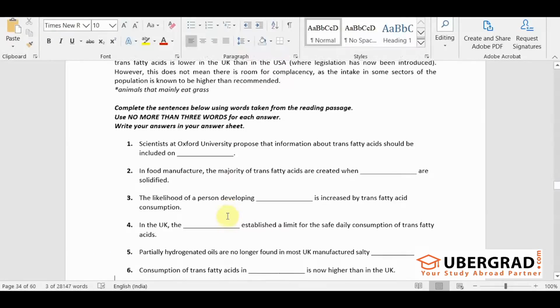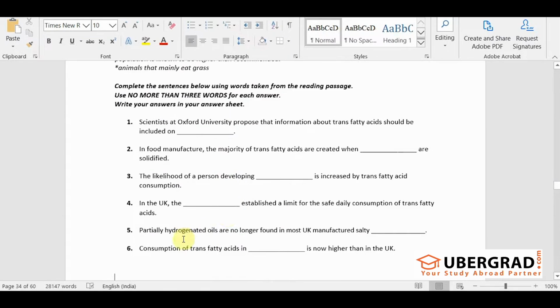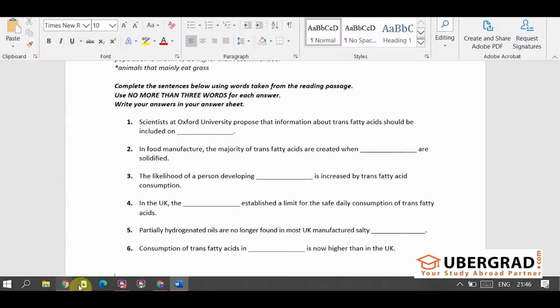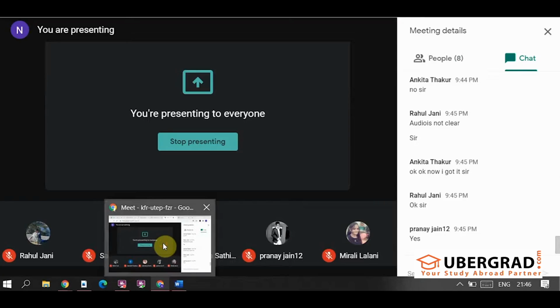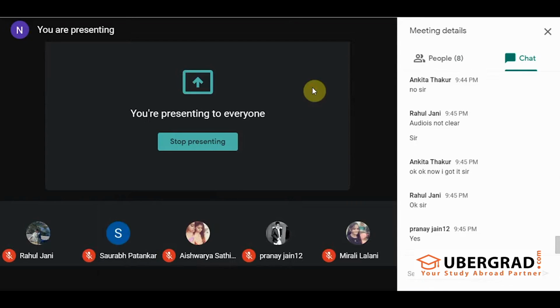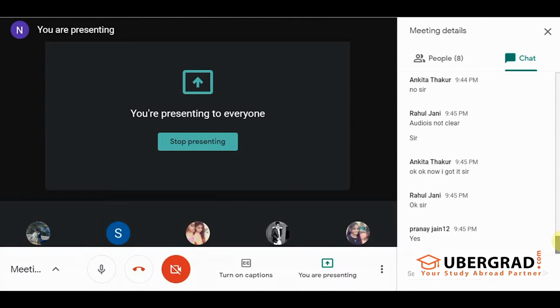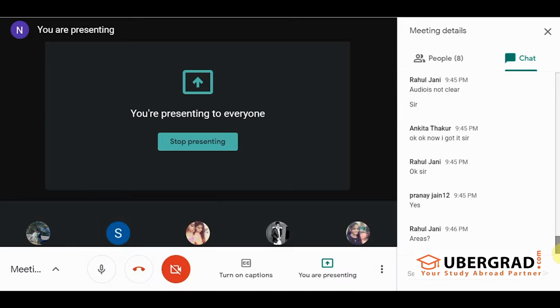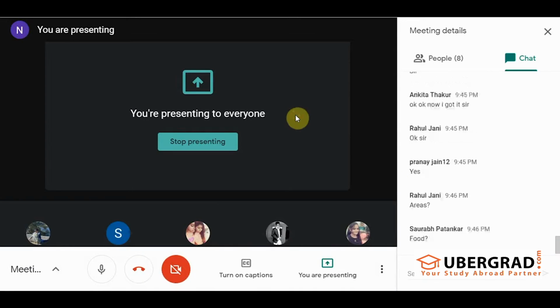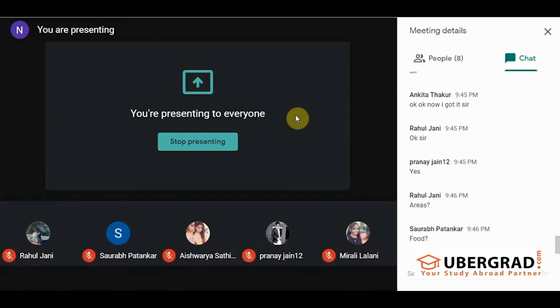Got it? Next question says, partially hydrogenated oils are no longer found in most UK manufactured salty dash. What kind of answer? Salty? What does it want? This should be easy. What is the question asking for? Some kind of areas? No, it's not asking about areas. Some kind of food items, right? It should be the name of some kind of food item.